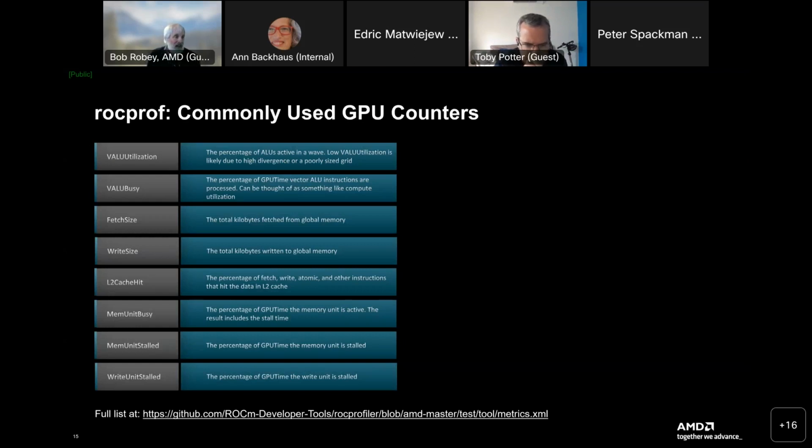We want to see what our cache hits are, and you may want to see if there are a lot of stalls in your application. So it does take a little bit of time to get to understand what gives you the best information for your application, because all the applications are a little different and have different performance limitations.